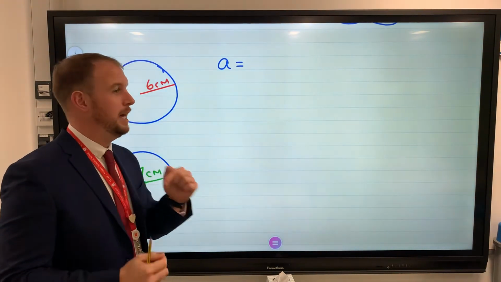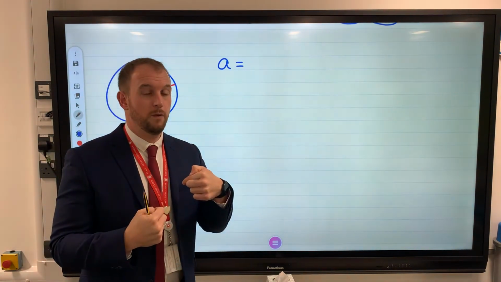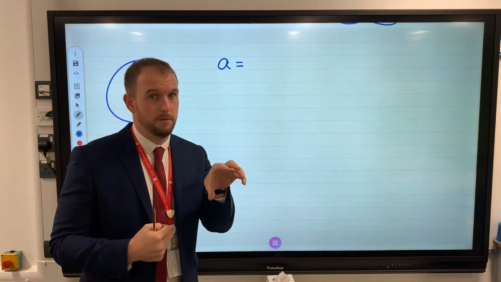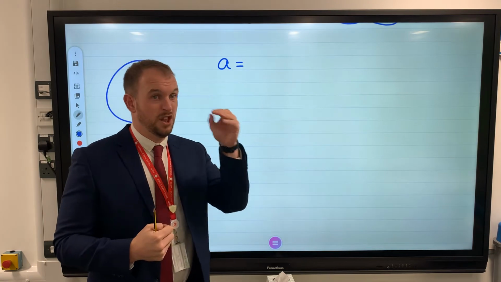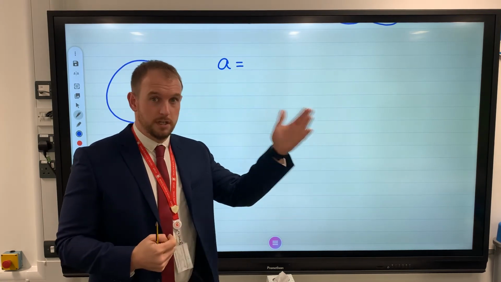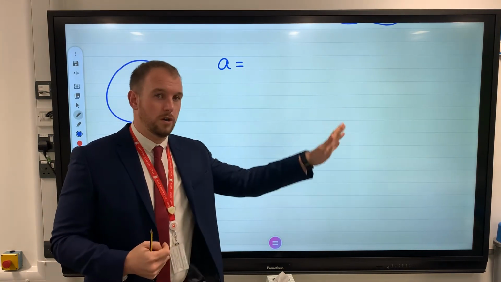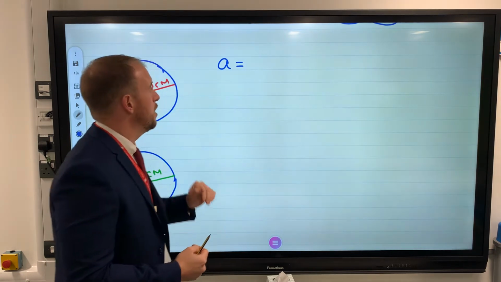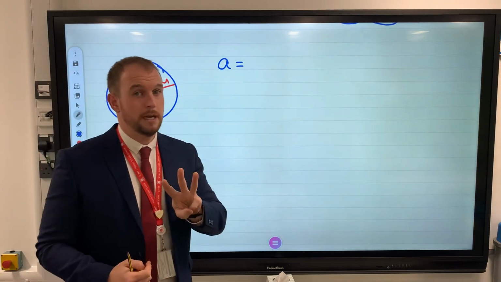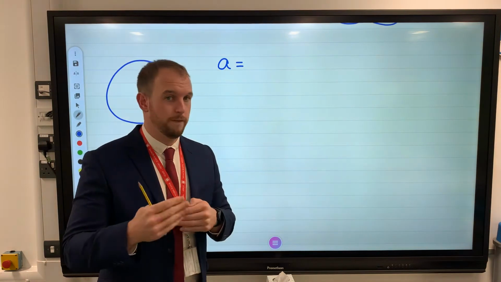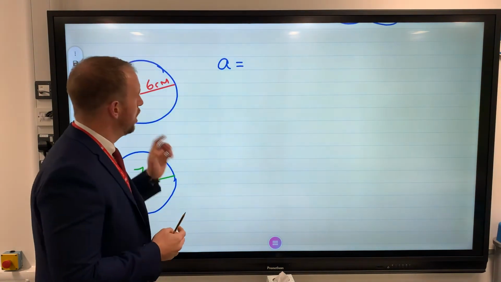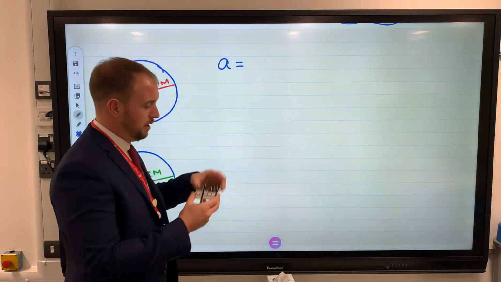Now, pi is a symbol of which represents a value, okay? Now, that value is 3.1, etc., etc. The number goes on and on forever, okay? But we normally round it to 3 decimal places by having 3.142. But we're going to use that as a button here.